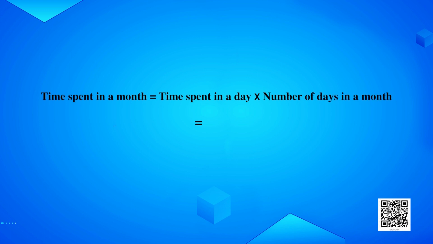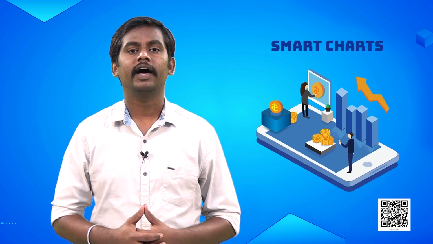That is equal to time spent in a day, 2 hours, multiplied with the number of days given in a month, which is 30. Therefore, 2 times 30 is equal to 60. Students, we found that Bittu spent 60 hours in front of a TV or radio in a month.